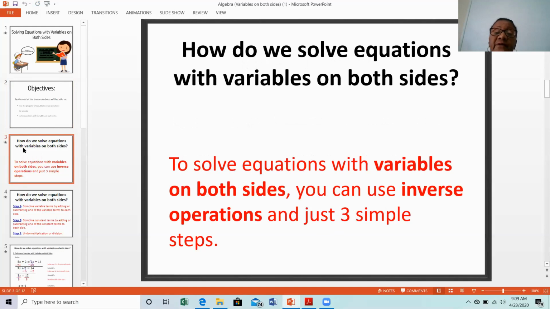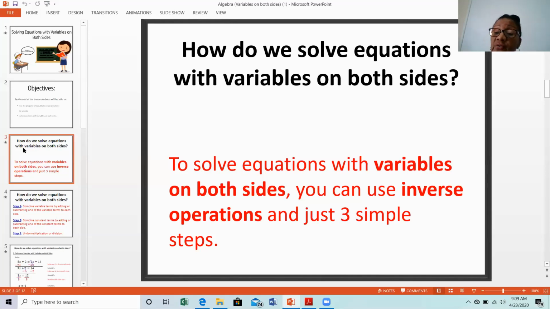How do we solve equations with variables on both sides? You can use inverse operations and just 3 simple steps.